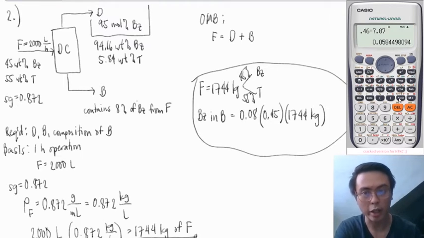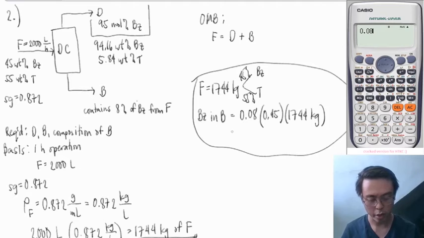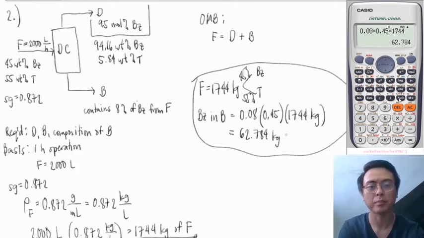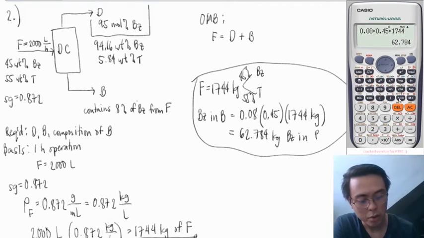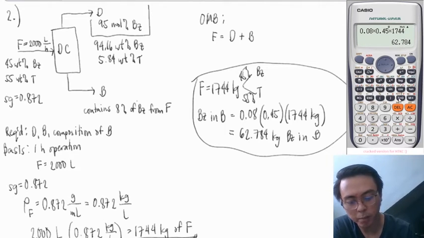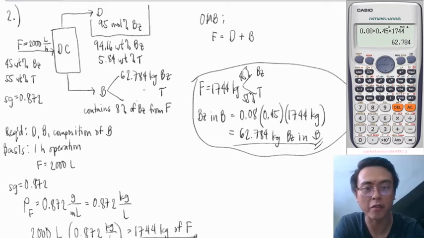Okay, calculating 0.08 times 0.45 times 1744, we have 62.784 kilograms of benzene in B. Okay, so let us again write this here in B. So we have two components in B. But we do not know how much toluene is in B, so we are going to leave that blank.